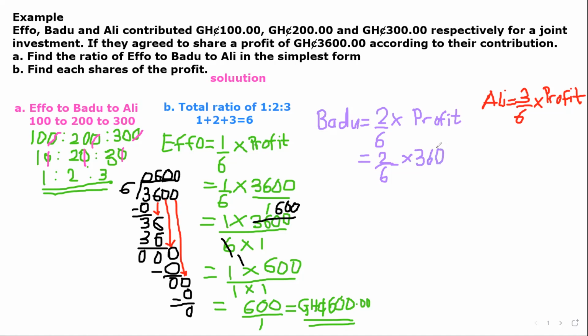And every whole number is over 1. Multiplication means what? Multiply the numerators first. Now we have 2 times 3,600. Good. All over the denominators, which is 6 times 1.